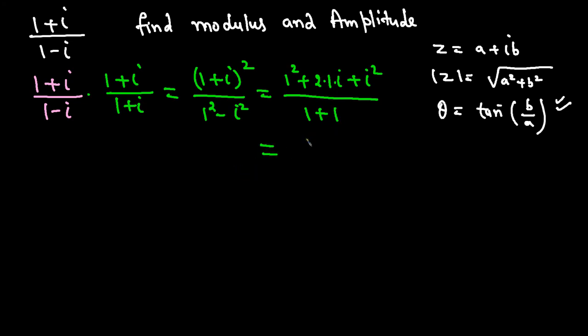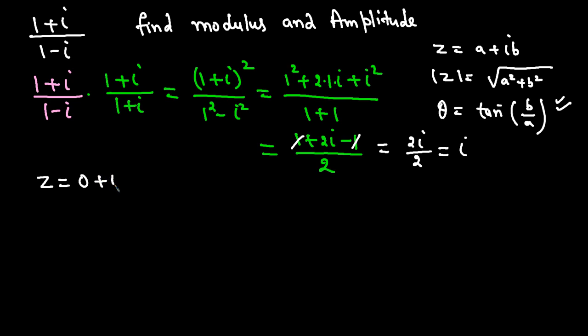So we got 1 plus 2 iota minus 1 over 2. So this one will cancel this one over here. So we're left with 2 iota over 2. So this is just equal to iota. Or in standard form, we can say z is equal to 0 plus iota.